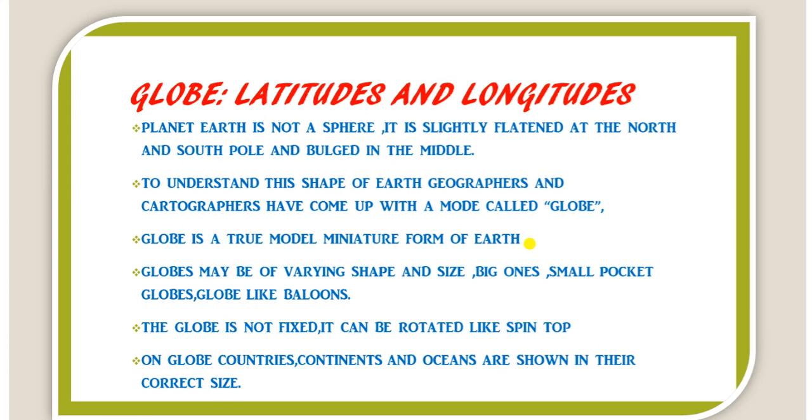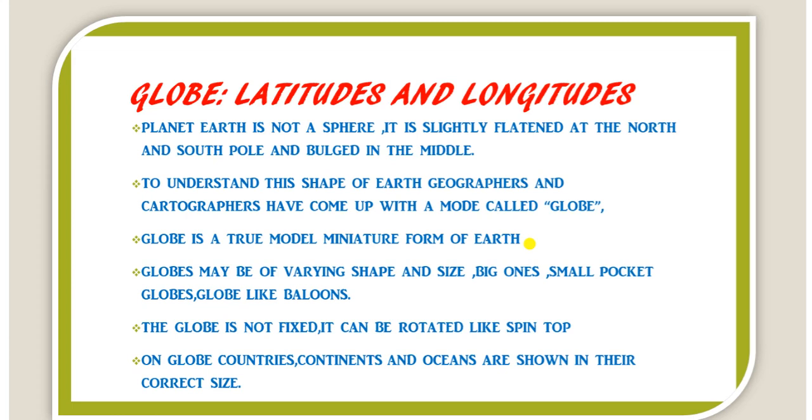Globes may be of varying size and shape. There are globes which are big, some globes are small. We have pocket globes, we have globes like balloons. Globe is not fixed, it can be rotated like a spinning top.